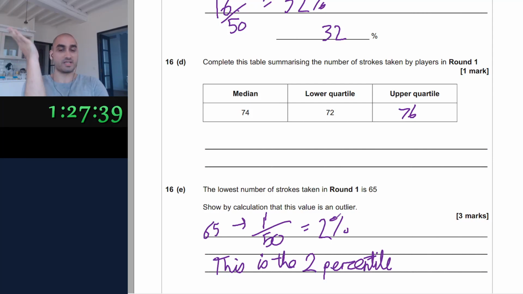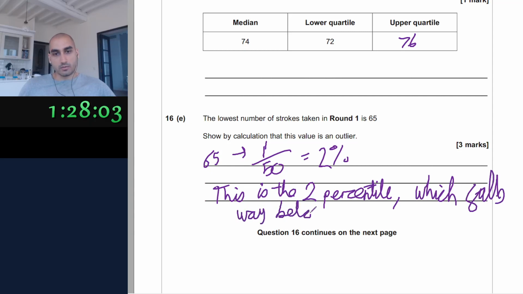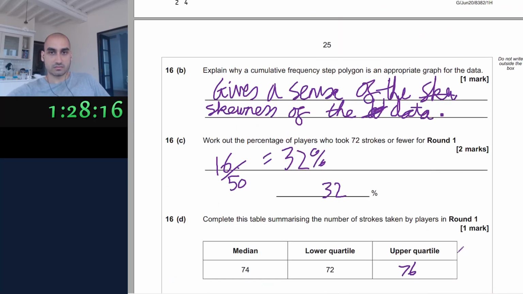No, because 2 percentile in itself kind of tells you it's an outlier, doesn't it? Which falls way below the lower quartile. We don't need to quantify how much it falls because we don't have any standard deviation or anything.